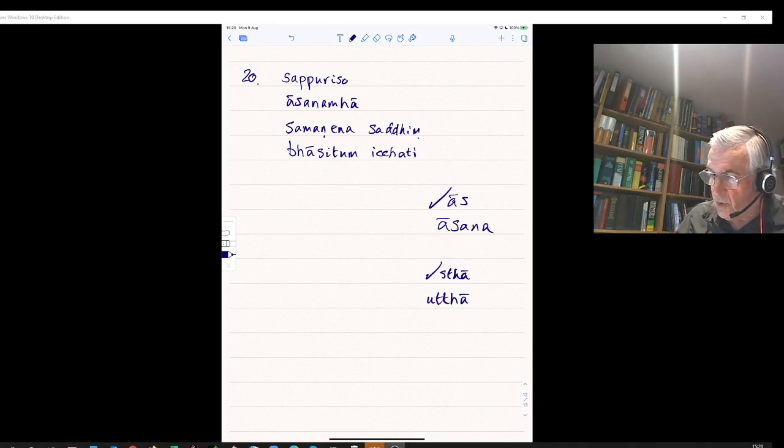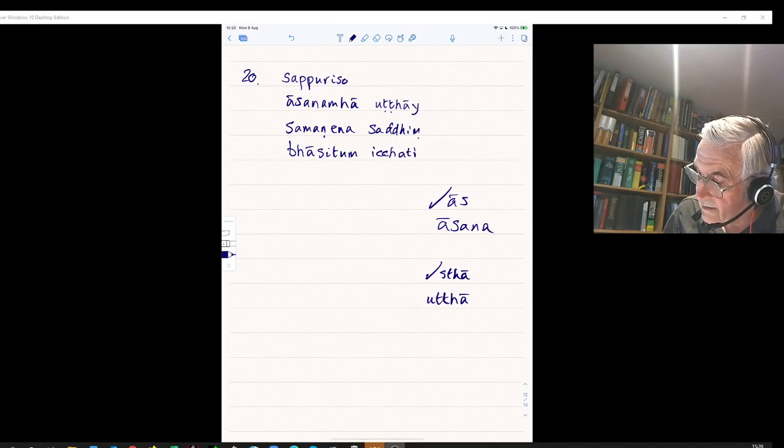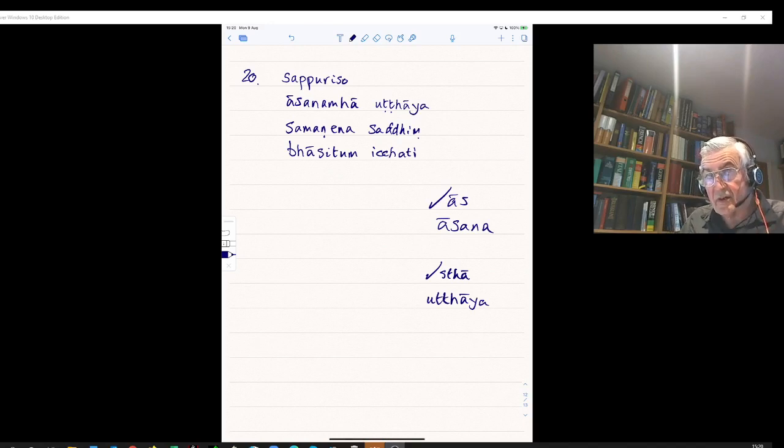It becomes utthaya, asanamha utthaya. In fact, in Sanskrit it is utthaya without the retroflex t. Utthaya, Pali, utthaya.